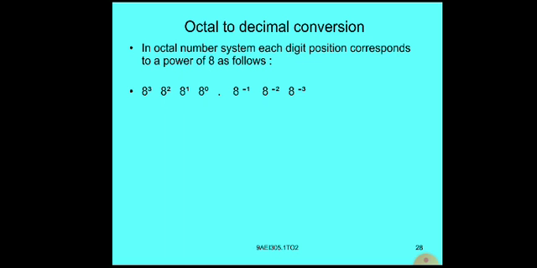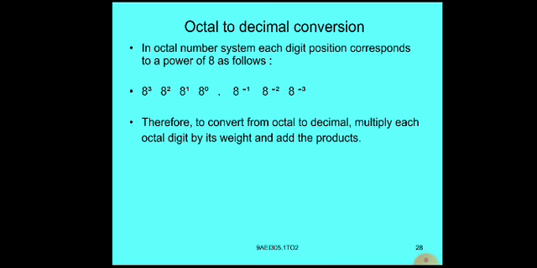Radix is 8. For example, I have shown like this: 8 power 0, 8 power 1, 8 power 2, 8 power 3. For the fractional part, 8 power minus 1, 8 power minus 2, 8 power minus 3, like that. These are the weights. That means multiply each octal digit by its weight, and add all the values, you will get the final value of the decimal number.